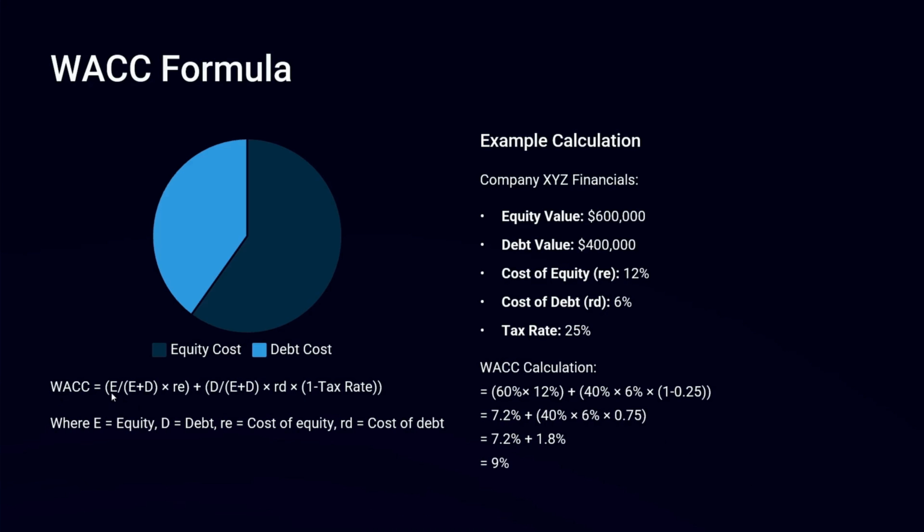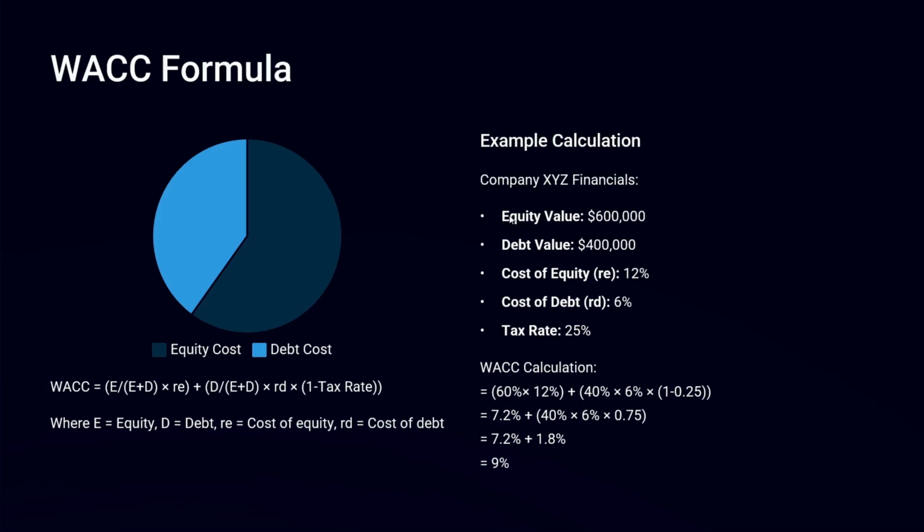E stands for equity, divided by equity plus debt, to get the proportion of equity compared to total equity and total debt, times the cost of equity, plus debt divided by total equity plus total debt, multiplied by the cost of debt times 1 minus the tax rate.